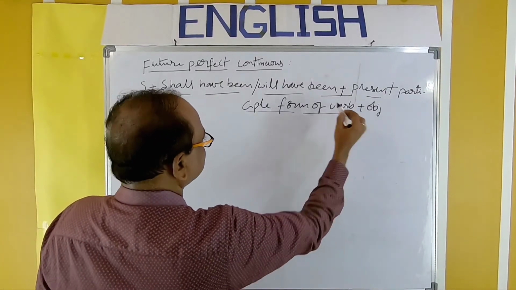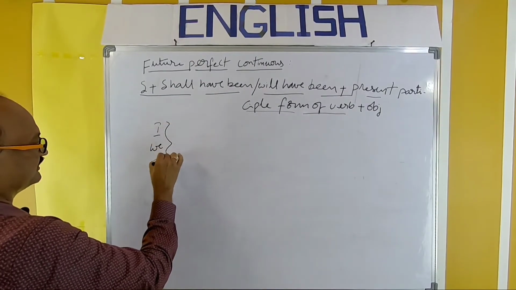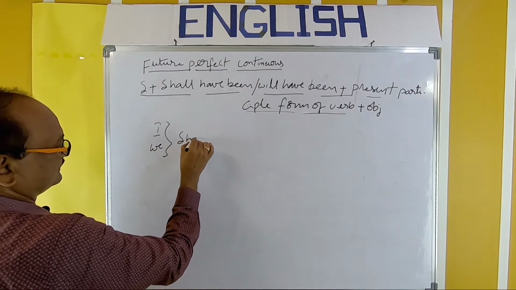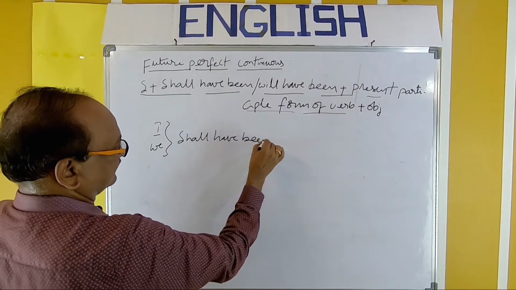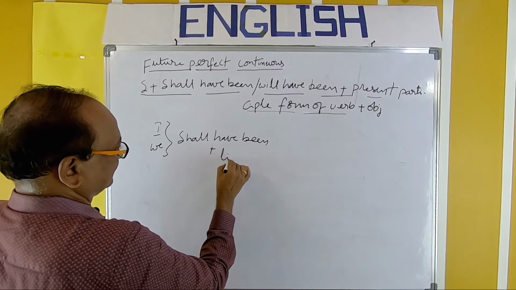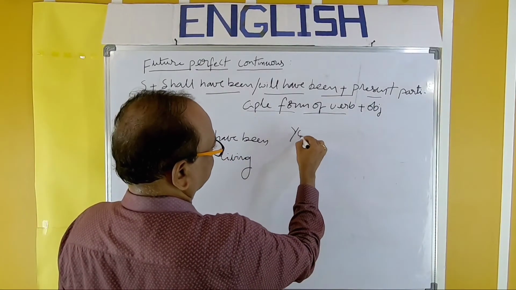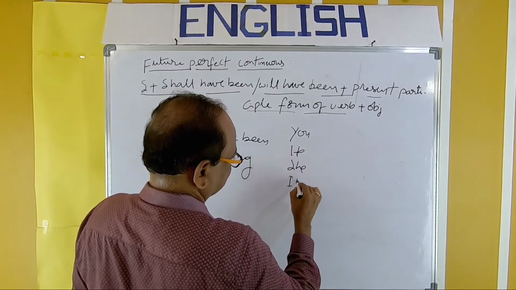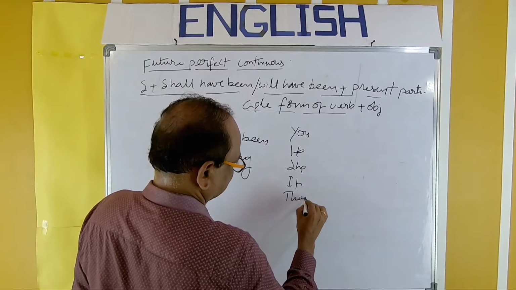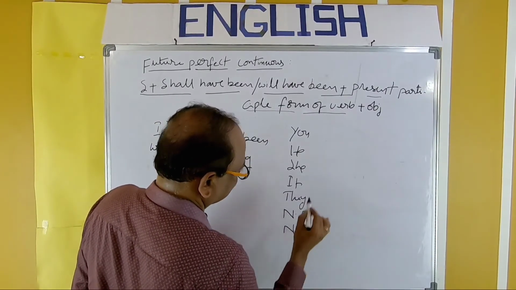Now, with I and we, we have to use shall have been, and you can take one verb also, living. Next, you, he, she, it, they, noun in singular or noun in plural.